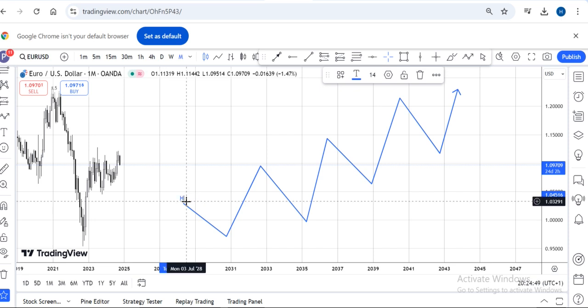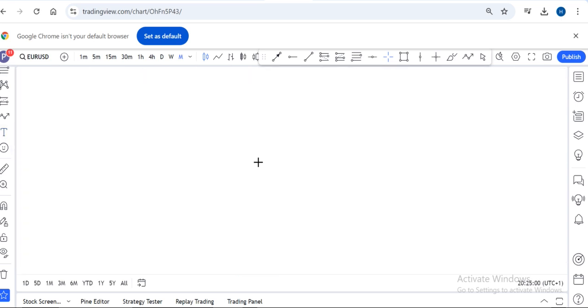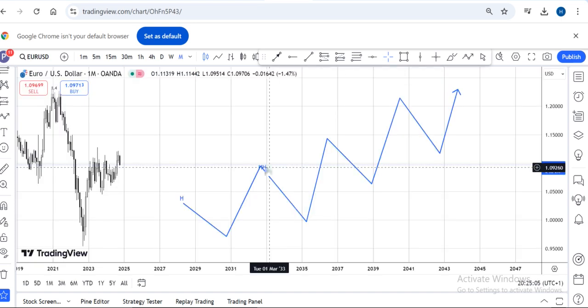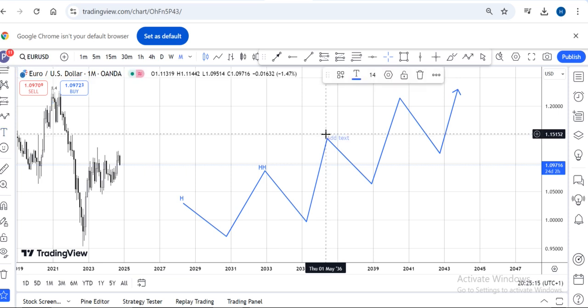This is basically a high, which is the first level, and then the next level we simply call a higher high. Then the one above that, we also call a higher high.